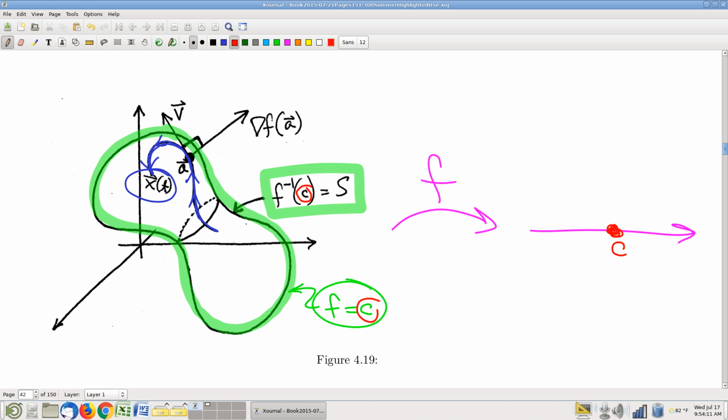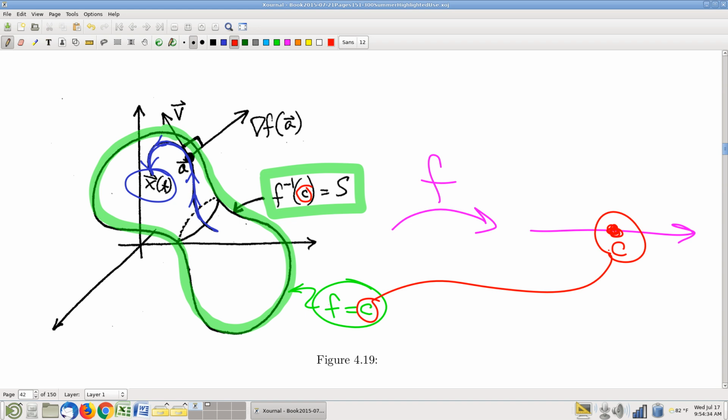This is that same constant there. So as I move along this blue curve, x of t, f is constant. f is always c everywhere along that entire curve because the entire curve is in the level set. So this is, I think, a pretty believable observation.